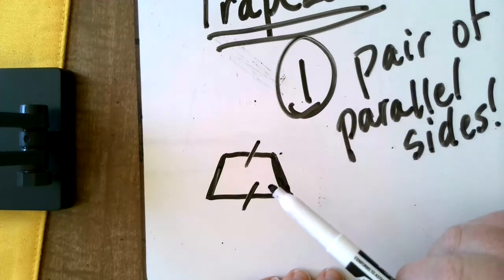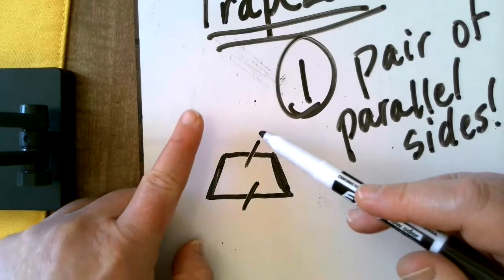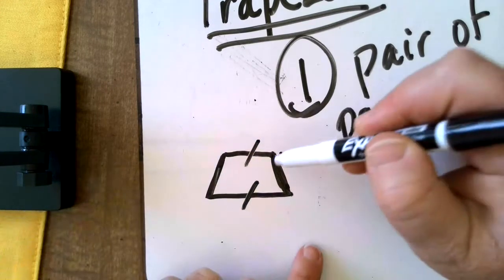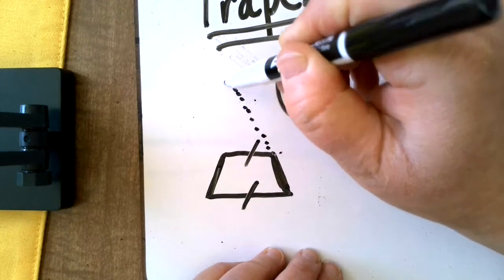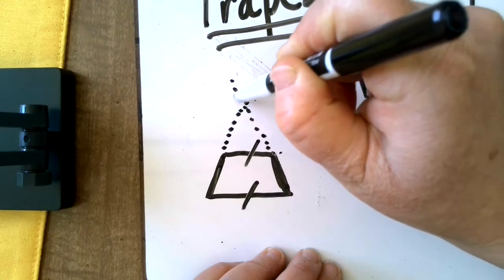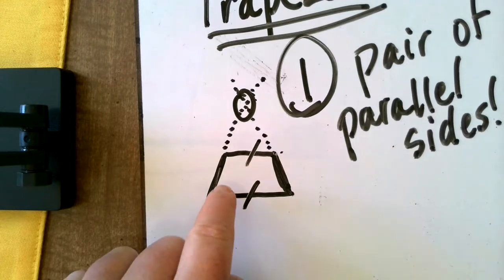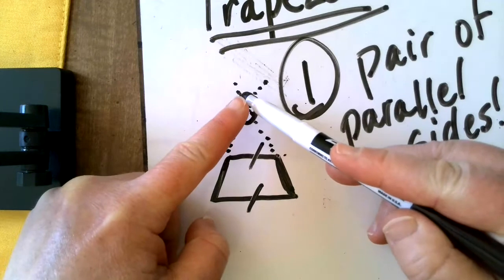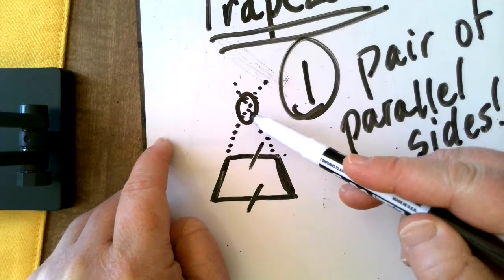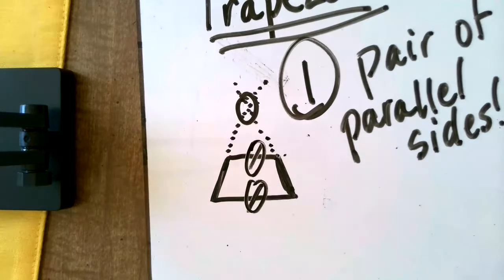Parallel sides never intersect at any point, not just in the shape, but past the shape. So watch what happens when I extend these out. Boom. Do you see they intersect right there? So even though they don't intersect in the shape, if I continued my lines, they will eventually intersect. So a trapezoid only has that one set of parallel sides.